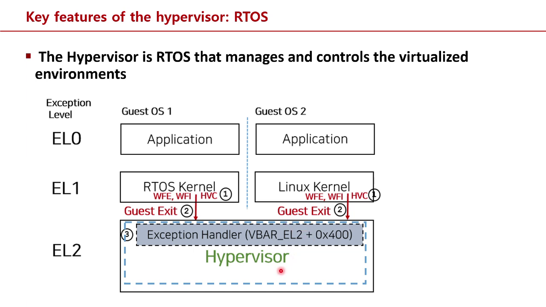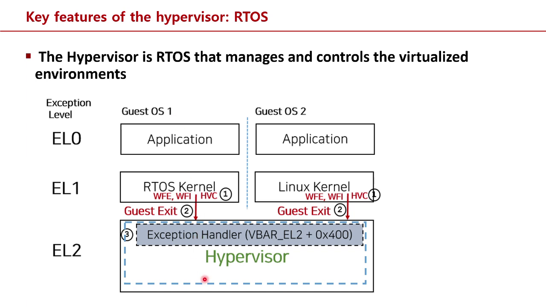But the main job of the real-time operating system in the hypervisor is to manage the resources of the guest OS, or sometimes to allocate a particular virtual CPU to the guest OS. And sometimes the real-time operating system in the hypervisor may take the interrupt. Those interrupts can be designed to be taken by the guest OS.